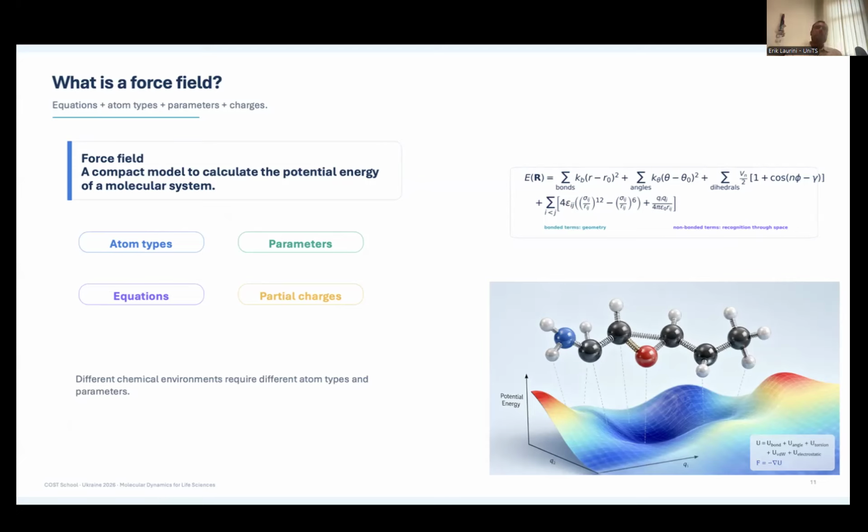An aromatic carbon is different with respect to another carbon atom, or something like that. Then a force field must contain an equation able to consider the energies underlying the geometrical and electronic aspects. And now I will give you more detail about that. Obviously, a force field must also contain the parameters that allow us to solve the equations underlying the different energies.